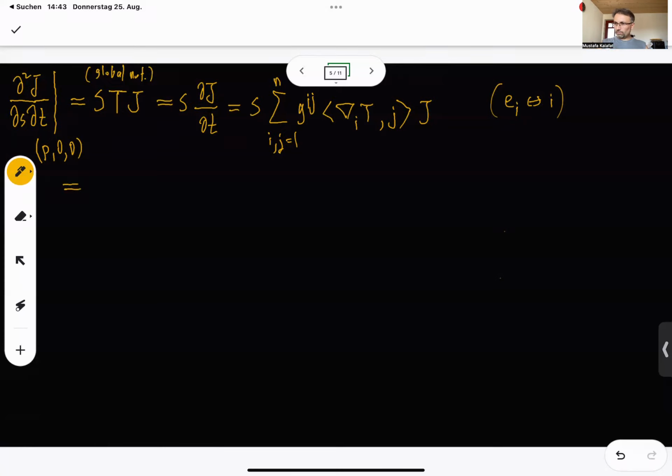Now this is where I'm going to pass to the Einstein convention again. I don't want to write the summations at this point, because there are going to be at least three of them at each stage.